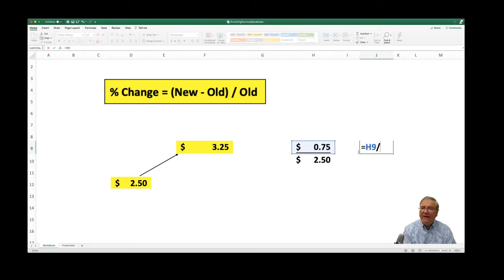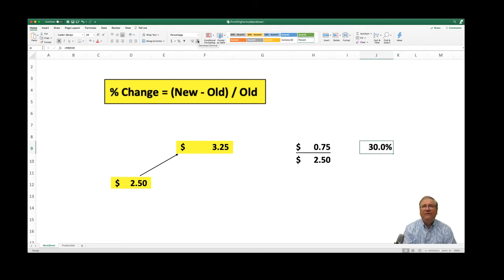And so we have equals cell H9, which is our numerator, / divided by, use your mouse to point to the bottom cell, the denominator, in this case, cell H10, which is the cell for $2.50. Hit enter, and there we have it. We have a 30% increase.